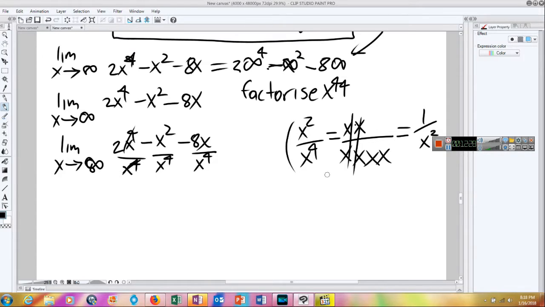So in the other section of your imagination, I want you to look at the formula for 8x. So 8x divided by x to the 4th power is equal to 8x divided by x multiplied by itself 4 times.